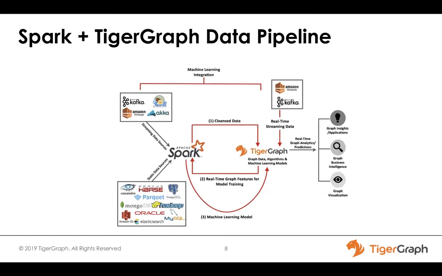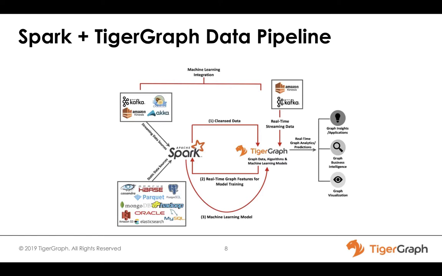And within TigerGraph, using graph algorithms and machine learning models, you can compute the real-time graph features for the machine learning model training. And these real-time graph features can feed back into the Spark infrastructure. And within Spark, you can train the model.